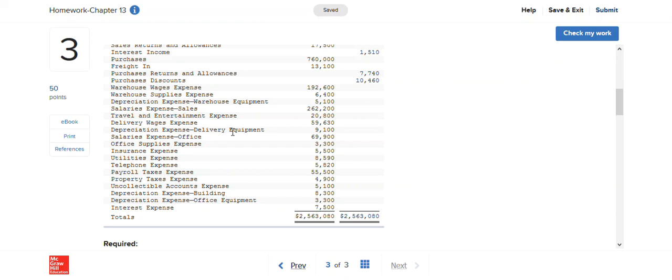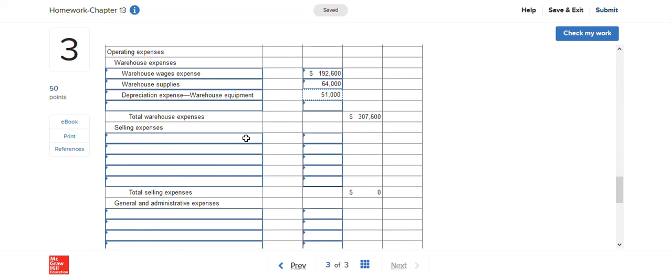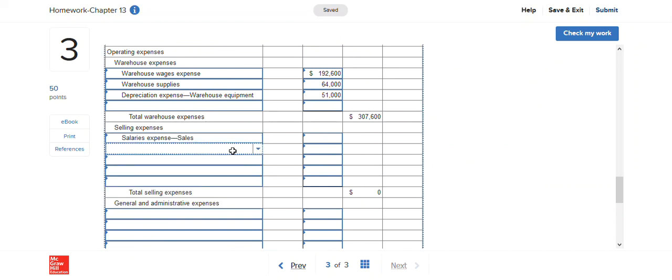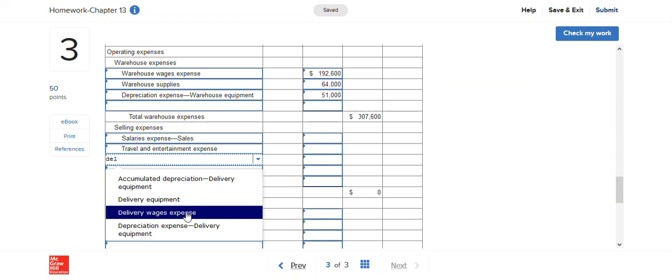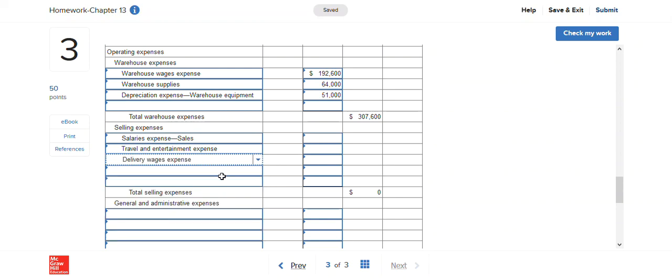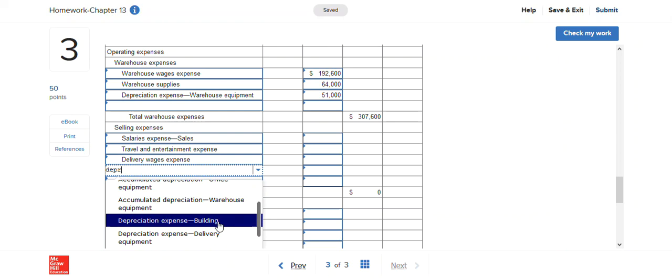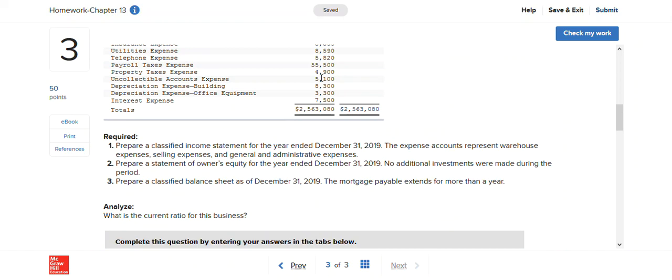So for selling, we've got salaries, travel, delivery, and depreciation. All right, so let's plug in those amounts, and they just come straight from up here.